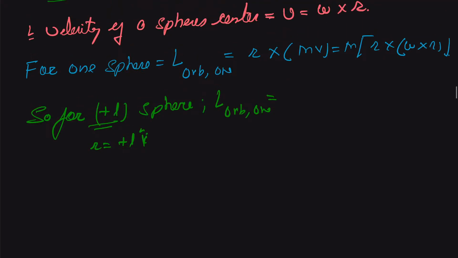The identity for this triple product is (r dot r) multiplied by omega minus (r dot omega) multiplied by r. So r dot r will be L², and r dot omega will be equal to L ωz, times r.